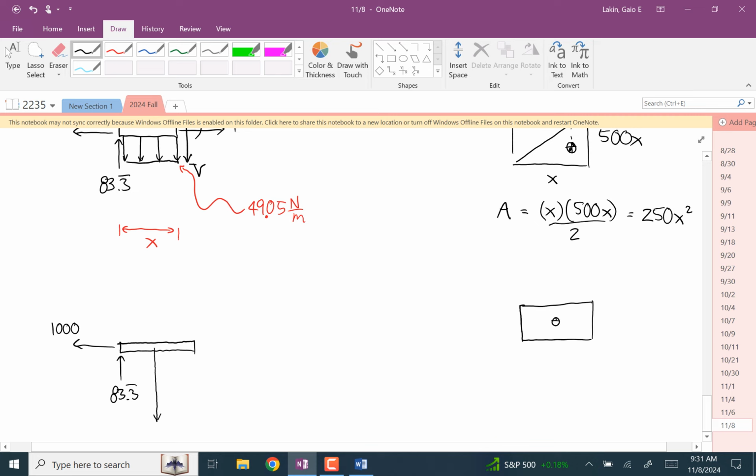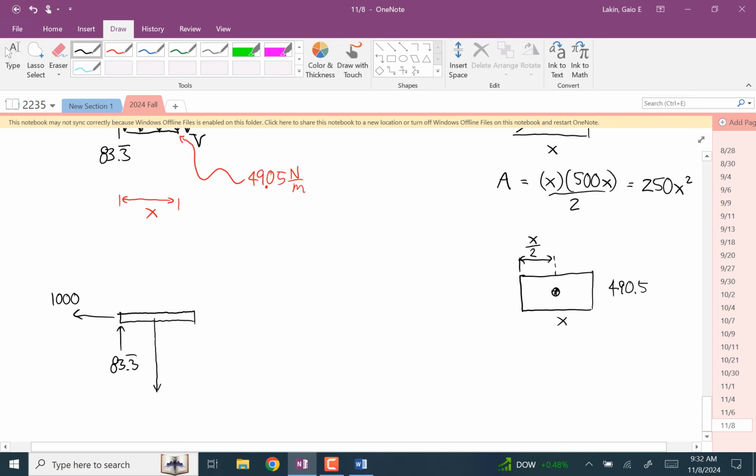Okay, so the centroid is in the middle. So this distance is x over 2. The height is 49.05. The base is x. And so the area is 49.05x.